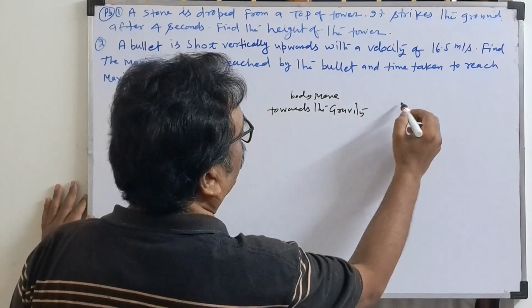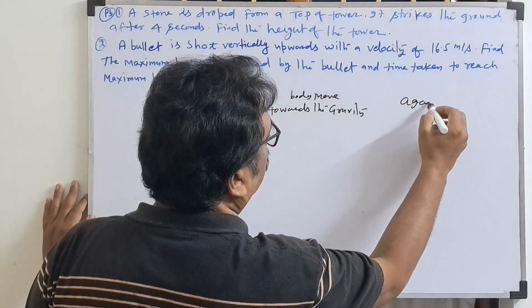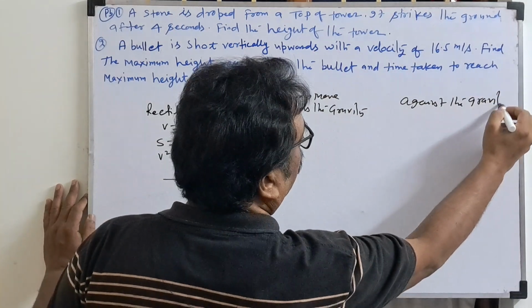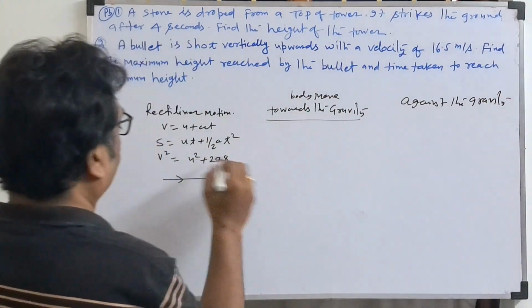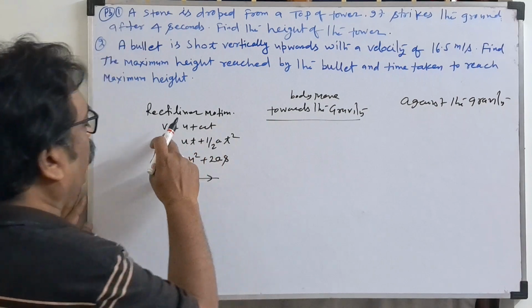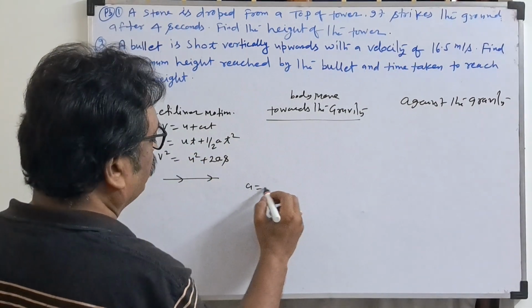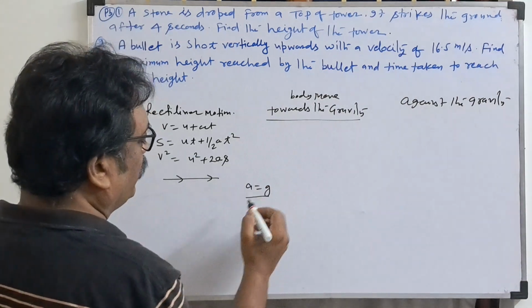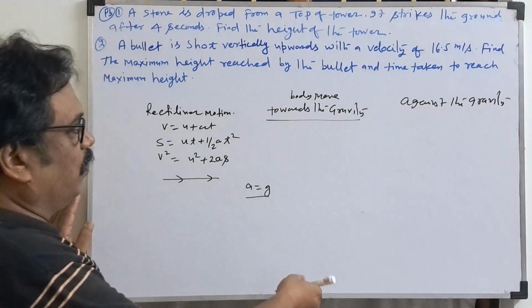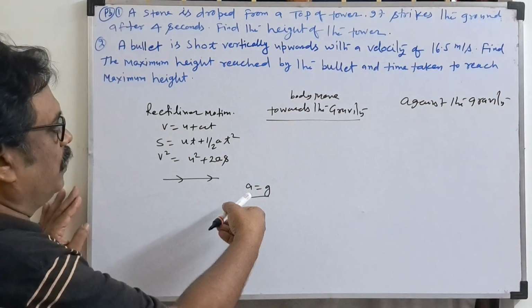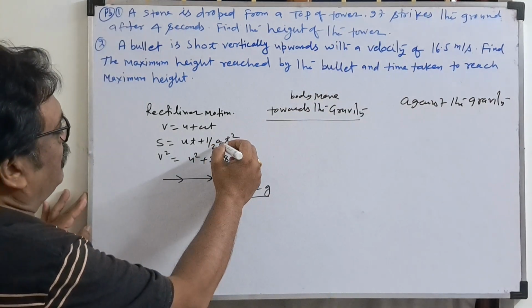Towards the gravity and against the gravity, what is the difference here? In V is equal to U plus AT, here A will become G, because the body will go towards the gravity or against the gravity. That means acceleration will be G. A is acceleration in both places.